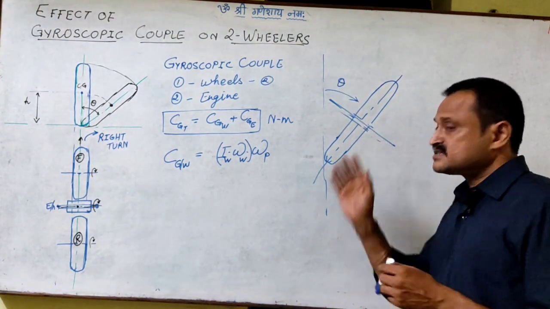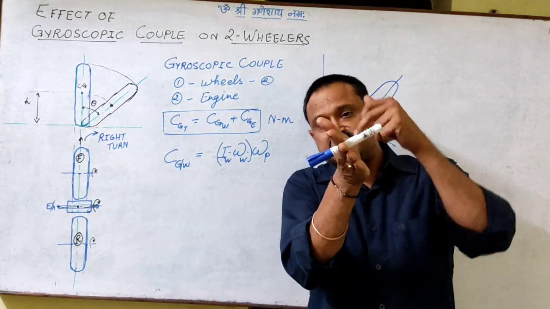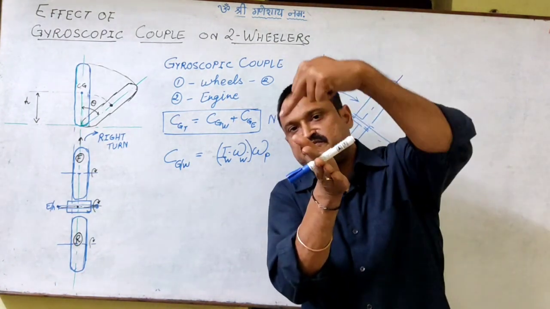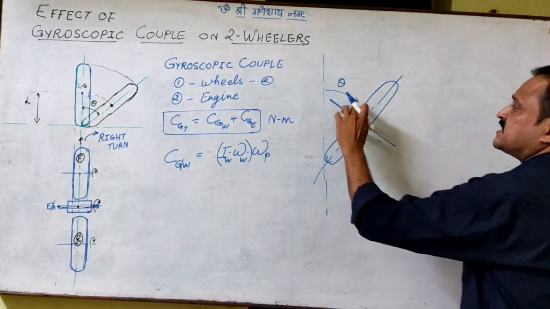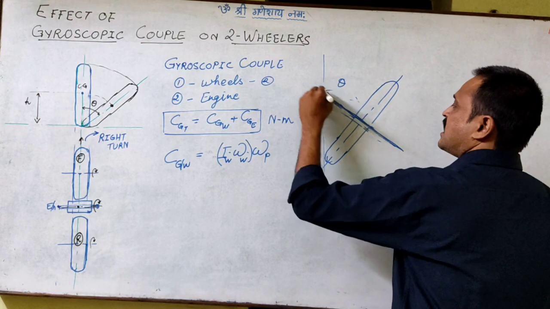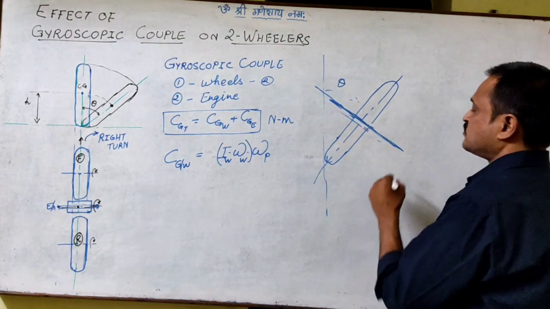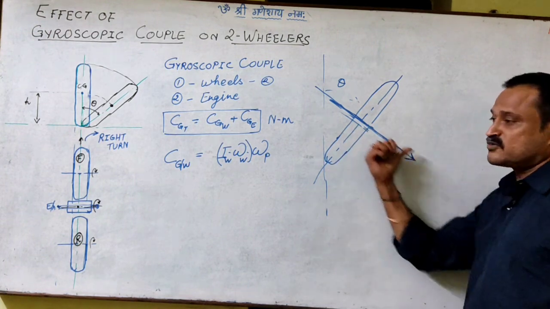Now let us understand what is happening here. The wheel has tilted this way. That means the plane of rotation of the wheel is tilted, so the vector direction will be perpendicular to the rotation. Depending on whether it is clockwise or counterclockwise, the vector will be perpendicular to it.